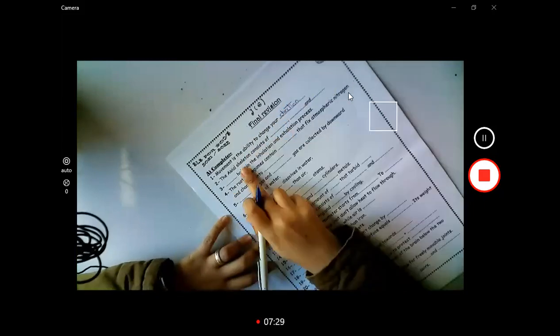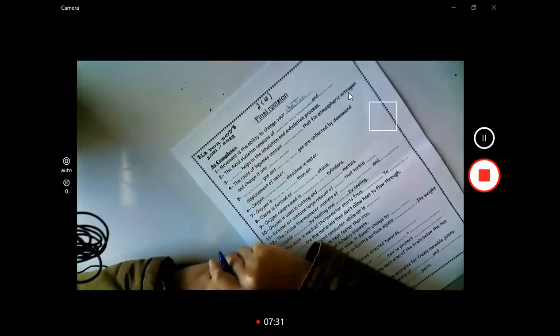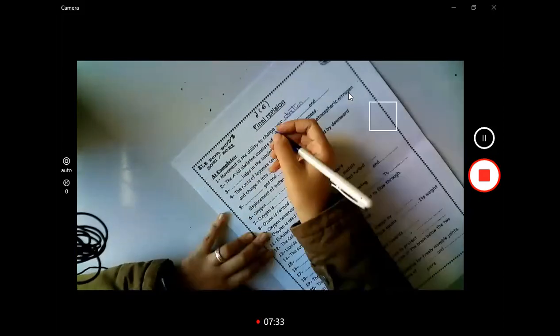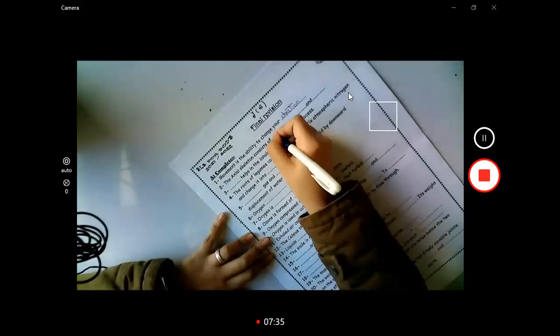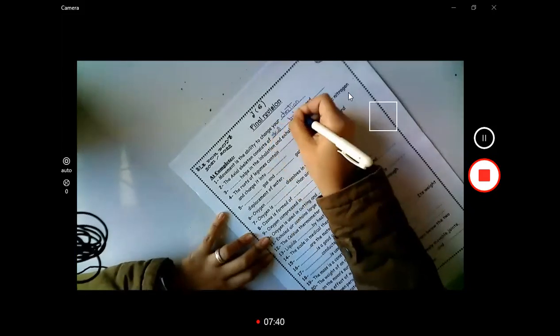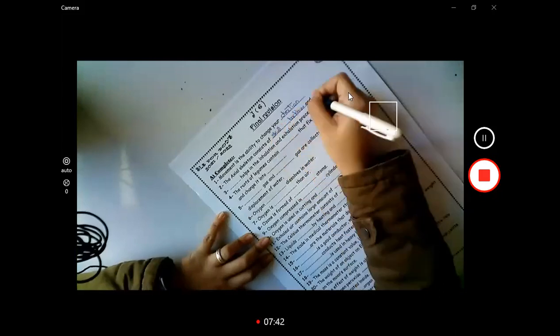Axial skeleton consists of a skull, backbone, and rib cage.